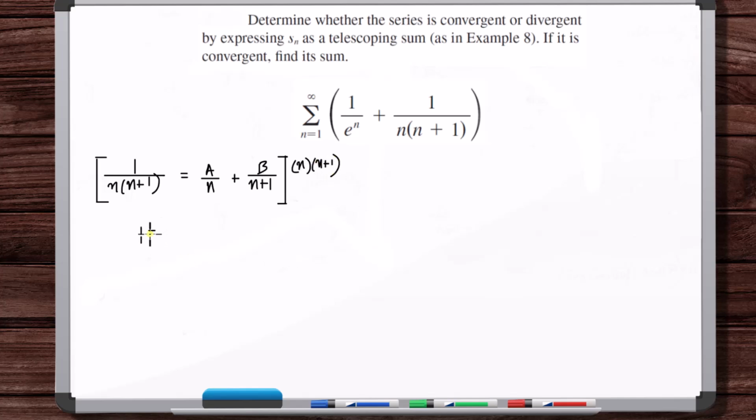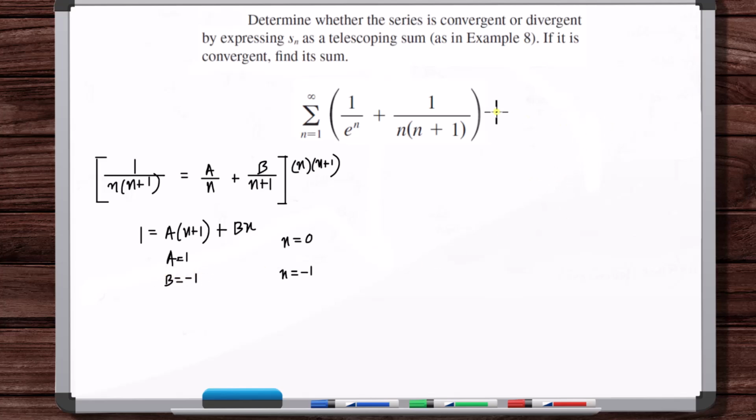So we've got 1. Okay, so when n is equal to 0, you've got A is equal to 1. When n is equal to -1, you've got B is equal to -1.